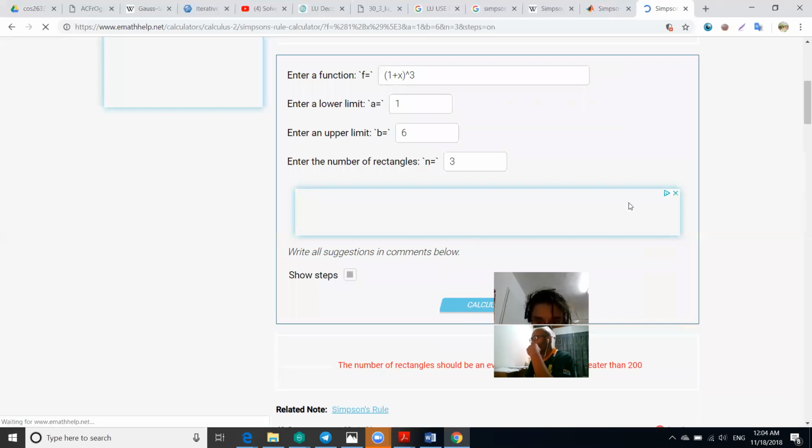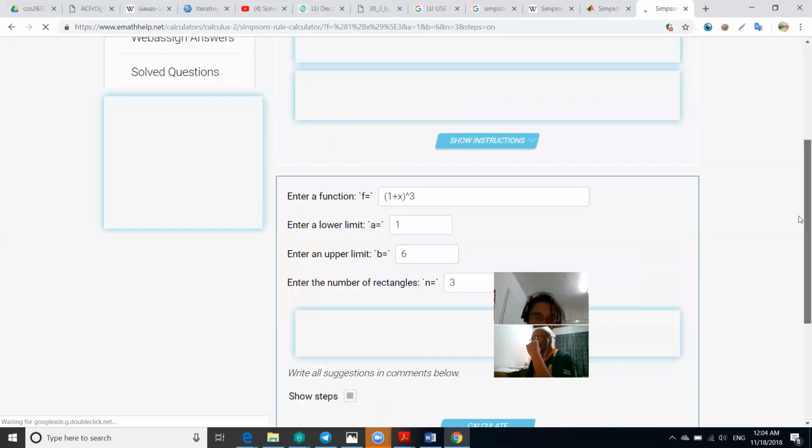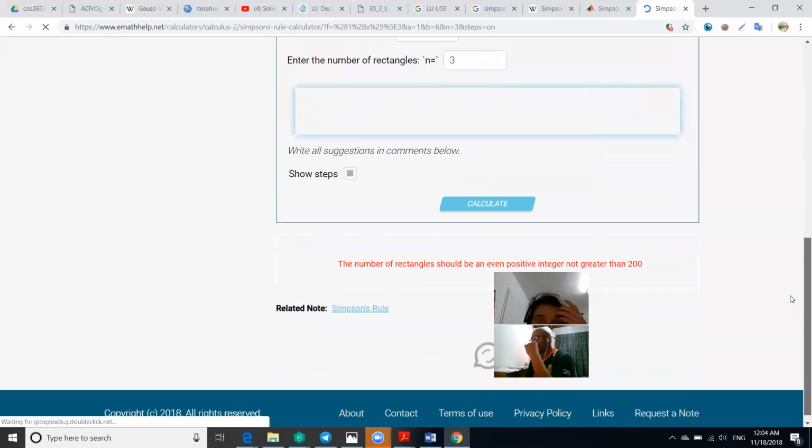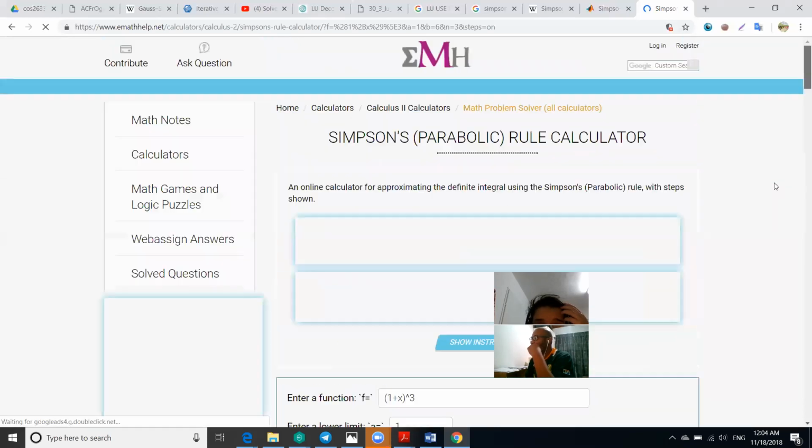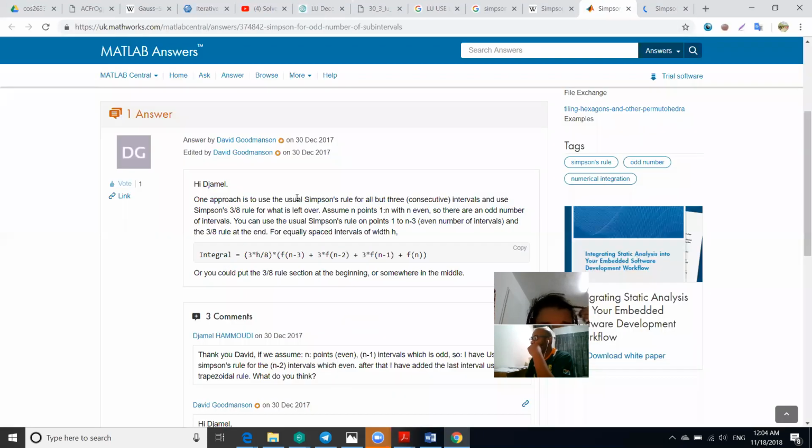Yeah, it says it must be even. I think we follow this, which is for all 3 consecutive, and use the 3/8 rule for what's left over. So n equals 1 with n even, so there's an odd number of... What the hell is going on here?